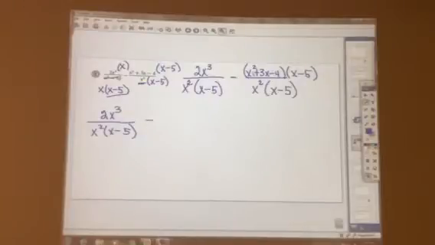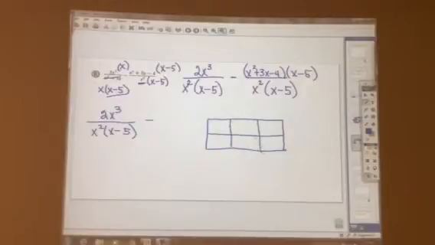Minus, how will I multiply a trinomial times a binomial? I'm going to have to put it in a box again. X squared, 3x, negative 4, x, negative 5.